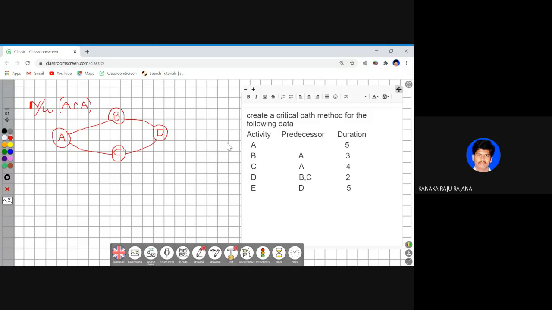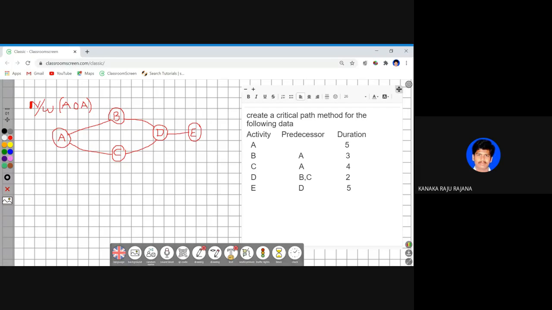And E is an activity whose predecessor is assigned as D. Okay. So in our last session, for the given project, we have solved a critical path. But in this question, we need to create our project through the network diagram.